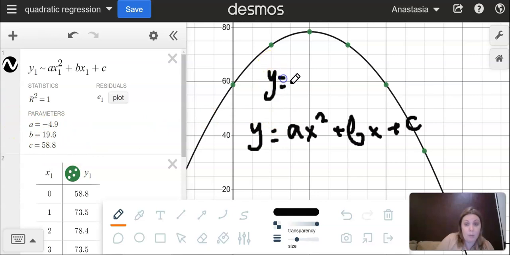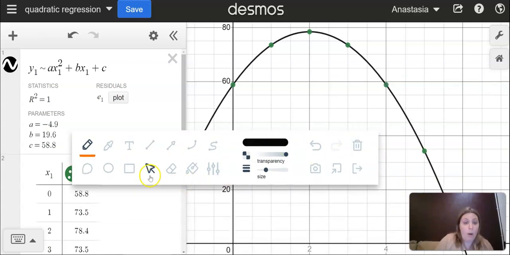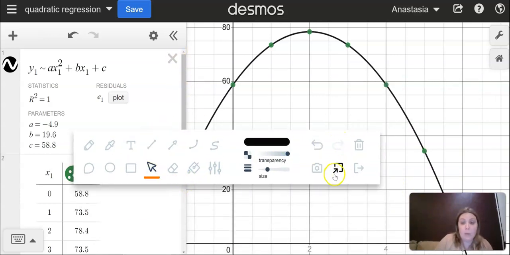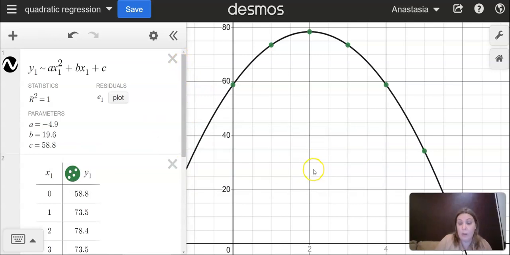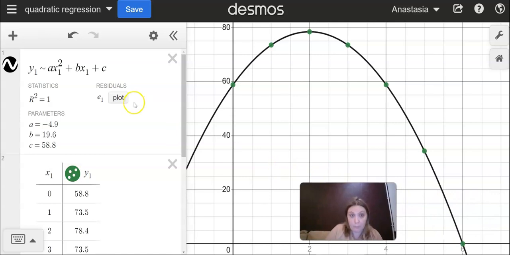In order to write down this equation, I just need to take these A, B, and C. So y equals minus 4.9x squared plus 19.6x plus 58.8. Pretty simple. Last but not least is the task where I have to find a y value at a certain x value that I do not have.